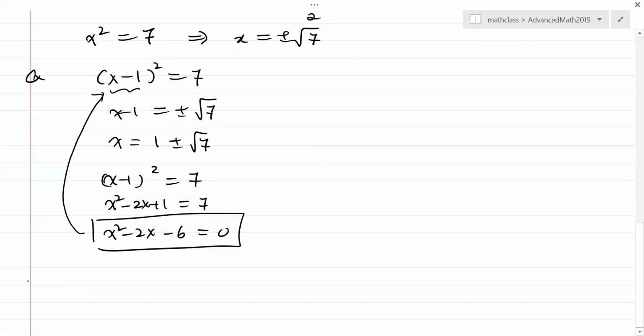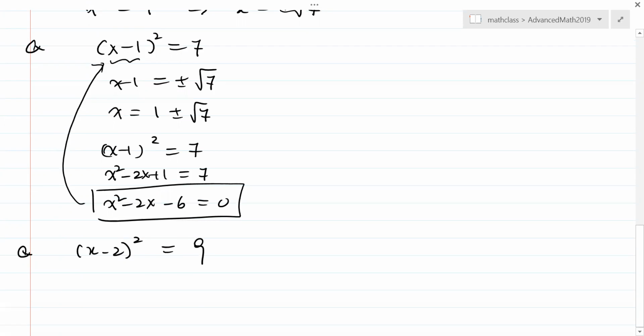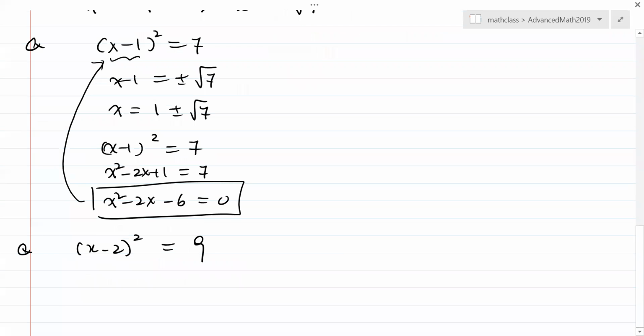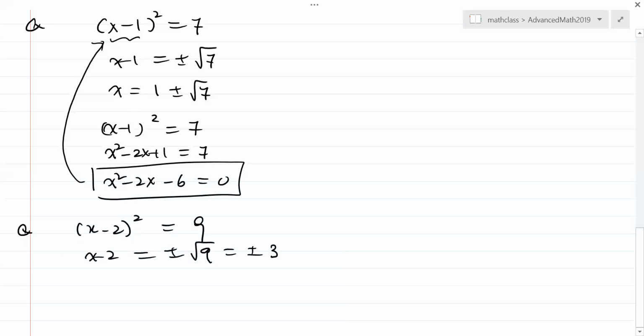Okay, so let's do the next, similar problem. (x − 2)² = 9, for example. If it's already in this nice form, we can easily solve it, because x − 2 is going to be plus or minus the square root of 9, and the square root of 9 is 3. So x − 2 = ±3.